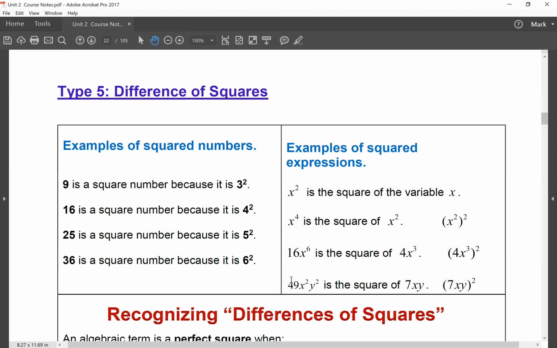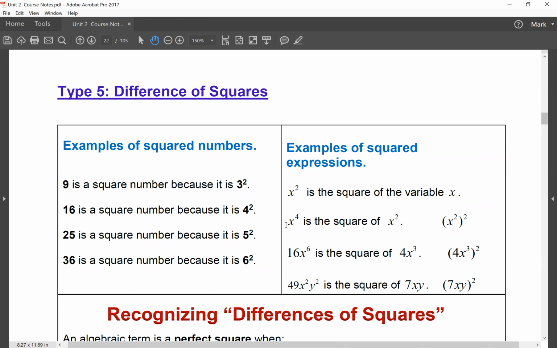All right. So difference of squares. Let's have a little look at this type of factoring. First of all, what is a squared number? A squared number is, or what I used to call a perfect square, a number that you get when you multiply a number by itself.